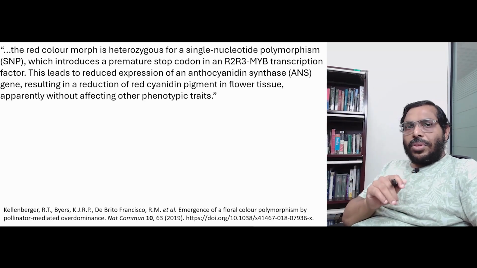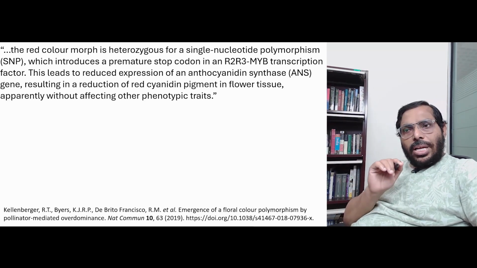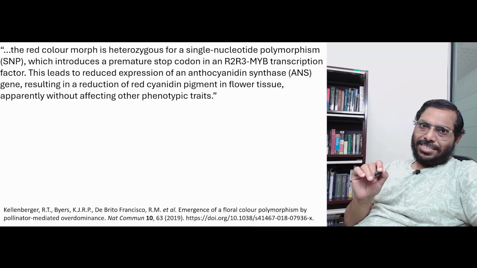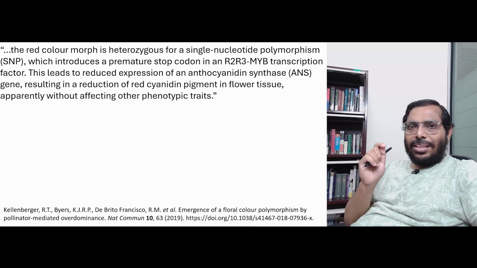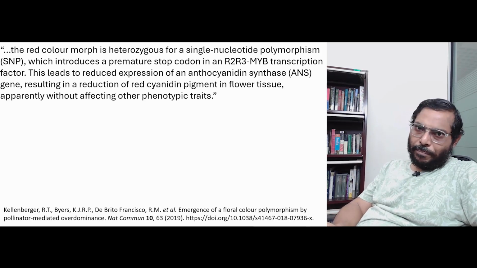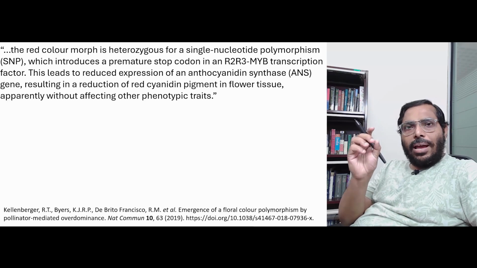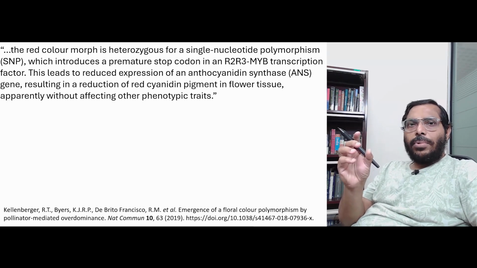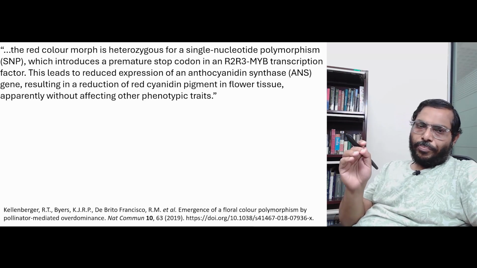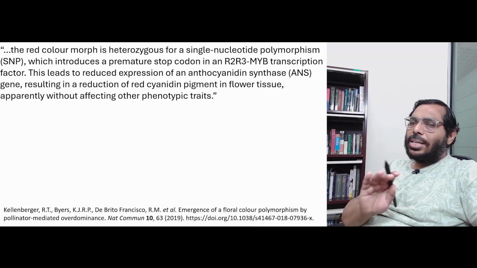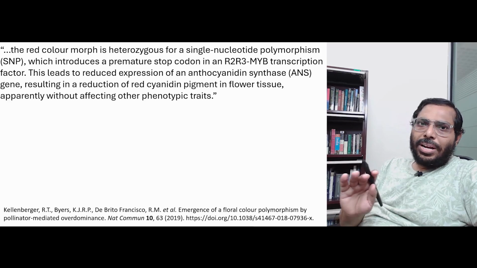Because of this, it leads to a reduced expression of the anthocyanidin synthase gene. This gene is responsible for the red cyanidin pigment. So, the moment you have the mutation, the amount of red cyanidin pigment being produced goes down, and this is the interesting part. This, as far as the scientists can make out, does not affect any other phenotypic trait.